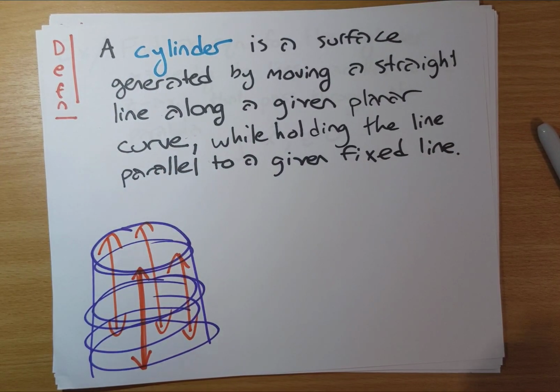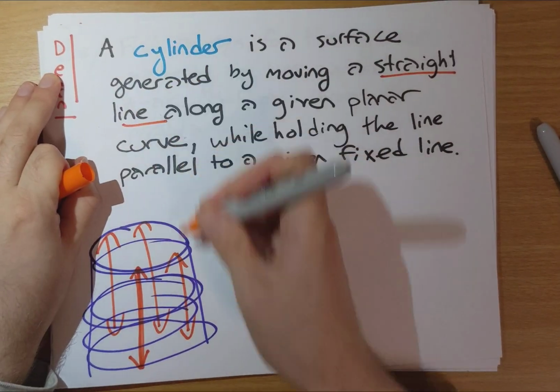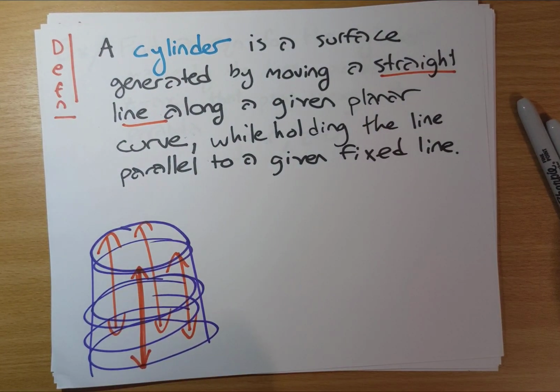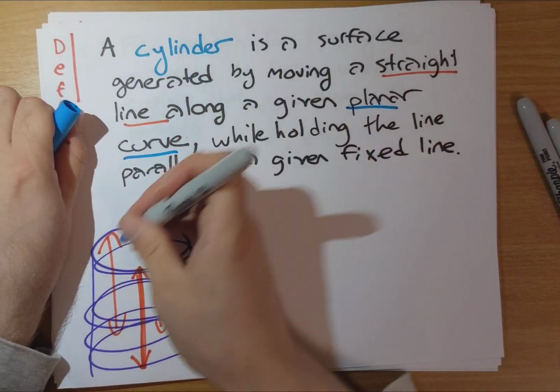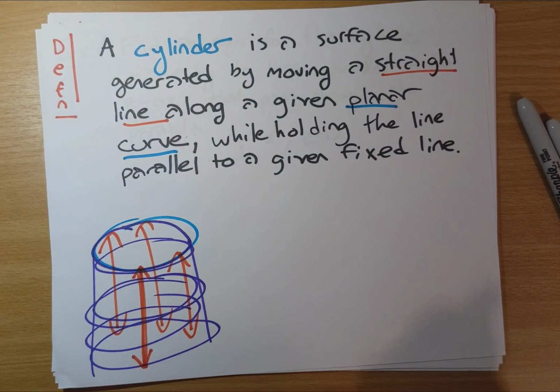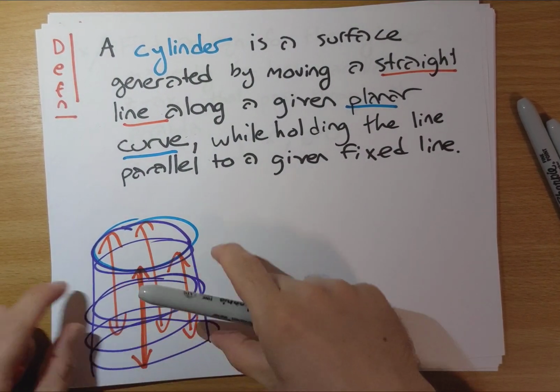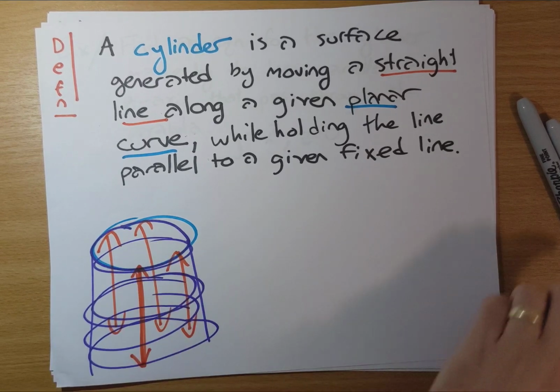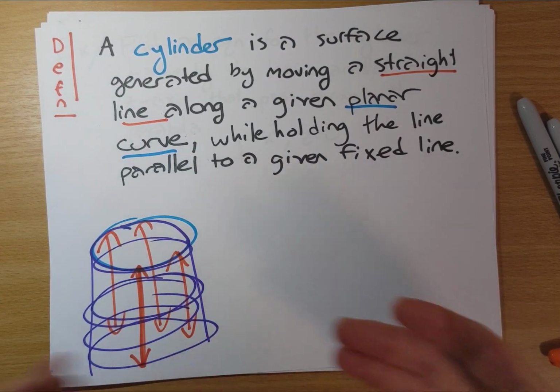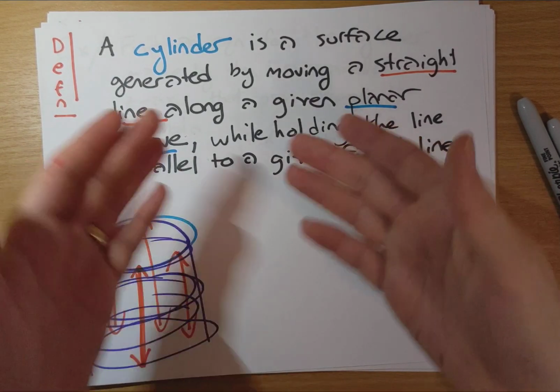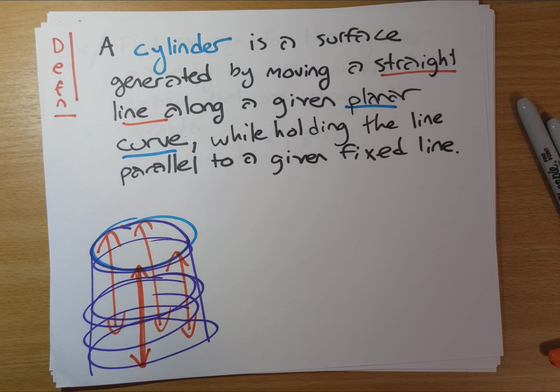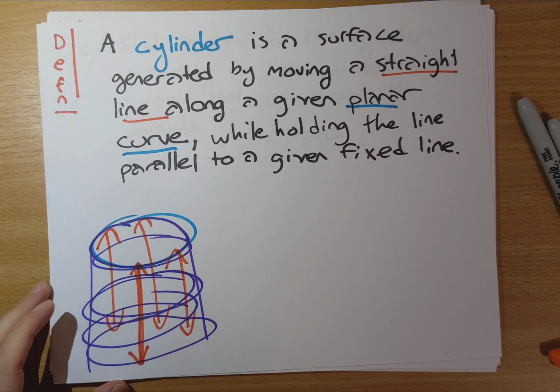So the idea is to move a straight line, the orange line, along the given planar curve. The planar curve here is a circle, while holding the line parallel to the fixed line. High school geometry cylinders are a special case of Thomas's calculus section 12.6 cylinders, but there are other things that also count as cylinders.